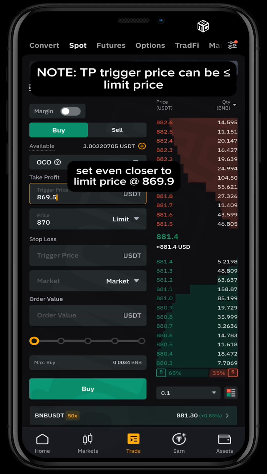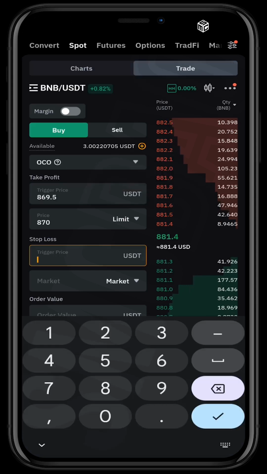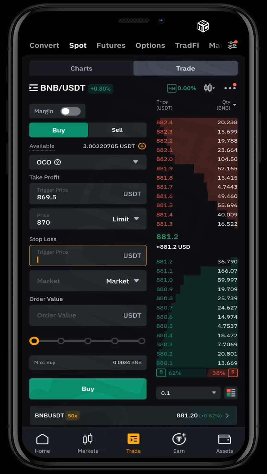Right, so we'll go over to our stop loss. Stop loss is the price at which we want to buy above the current market price. So let's say we also see a possibility that price would go up to $890, and we believe that if price can reach that point, price will even go higher.